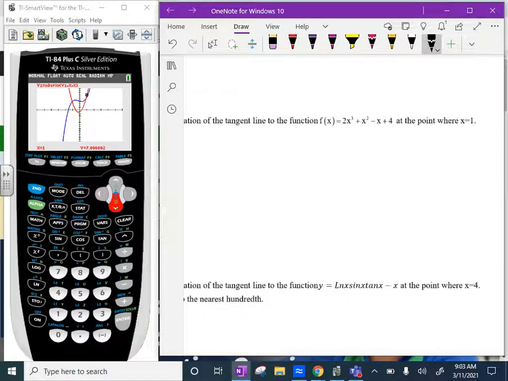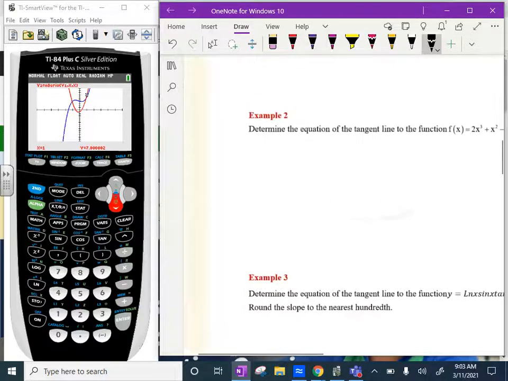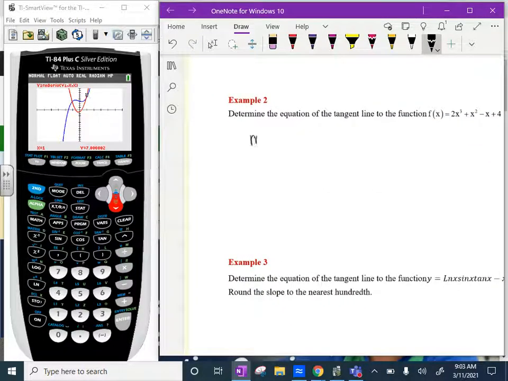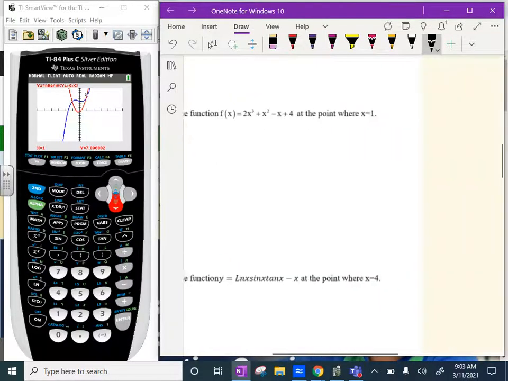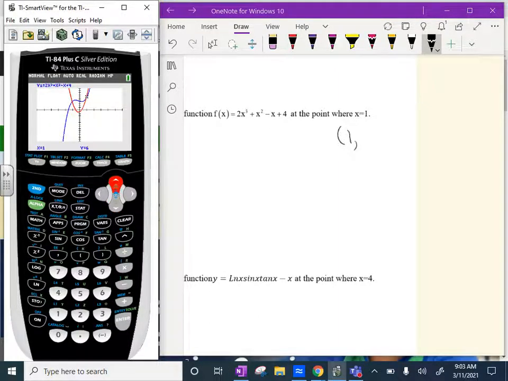So are we done the question? No. So we know that the slope is 7. So I do need to find out what my y is. But the nice thing is everything's on the calculator, so I can literally just go back up to the other graph. It doesn't equal 0, it equals 6.